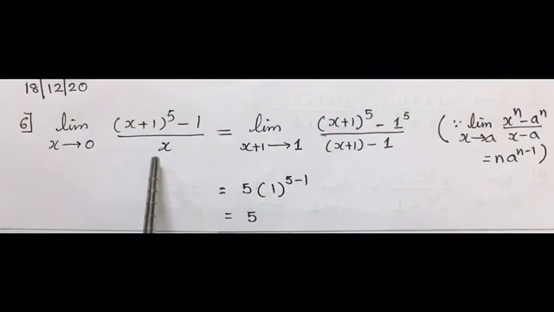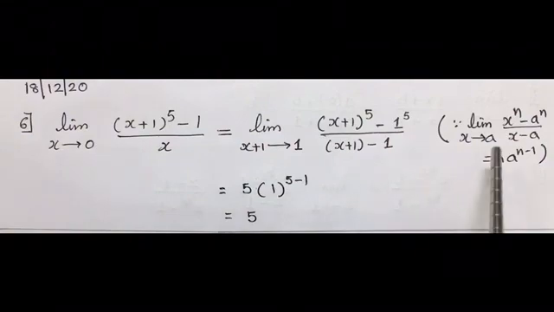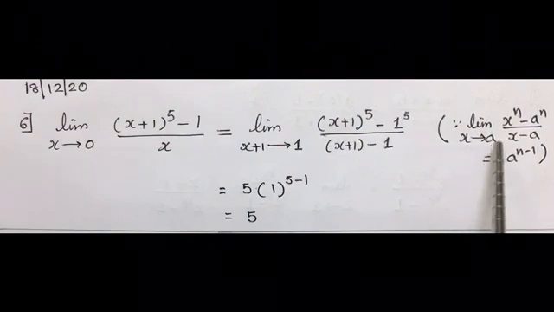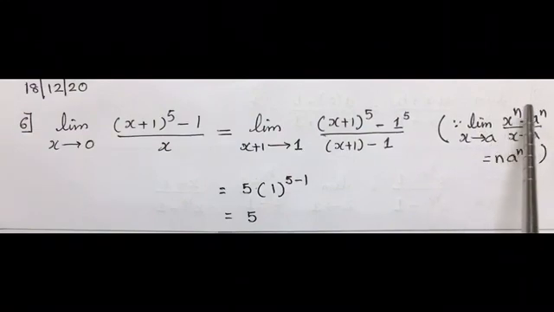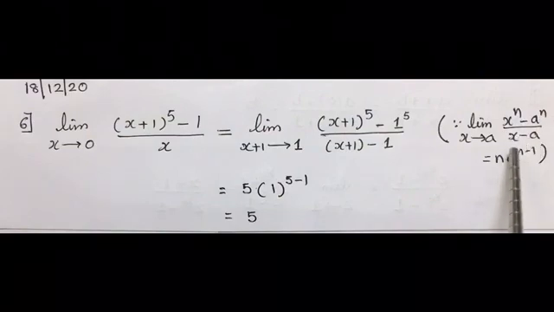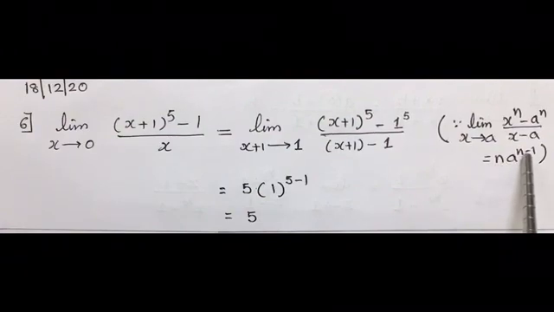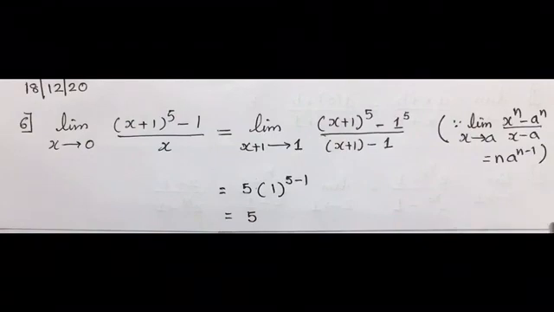Now when we make use of the adjustment method, we have to take care of this formula, that is limit x tends to a, x raised to n minus a raised to n divided by x minus a. The limit is n a raised to n minus 1.